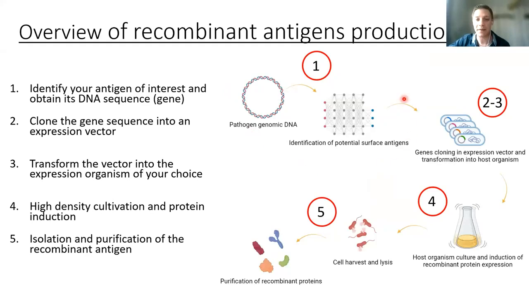Then the second step is to clone the gene sequence into an expression vector and transform this vector into the expression organism of your choice. Step number 4 is to cultivate the host organism to a high cell density and then induce the protein production. And the final step is the isolation and the purification of your protein.